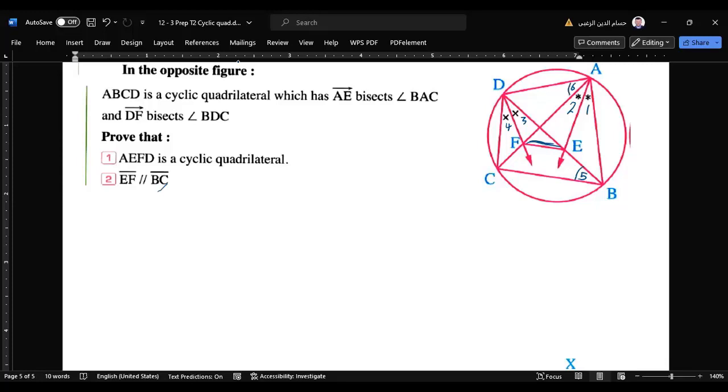And from the cyclic quad AEFD, 6, subtended by DF, is equal to 7. 5 equals 6 and 6 equals 7. Then 5 equals 7, and they are corresponding. Then EF is parallel to BC.